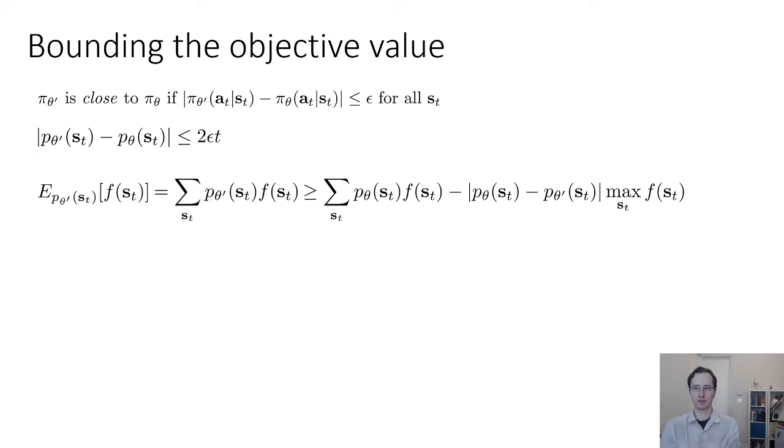The way I arrive at this is I write p theta prime as p theta prime plus p theta minus p theta. I group the terms to get a p theta times f minus a p theta minus p theta prime times f. While I don't know the absolute value of the difference in the probabilities, I only bound the total variation divergence. If I multiply by the largest value that f takes, I'm being as pessimistic as possible. That's what allows me to write this inequality.